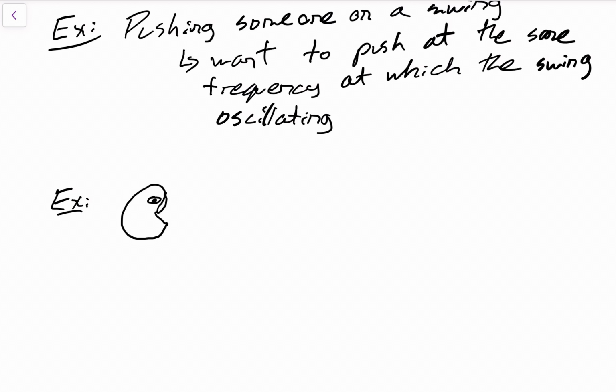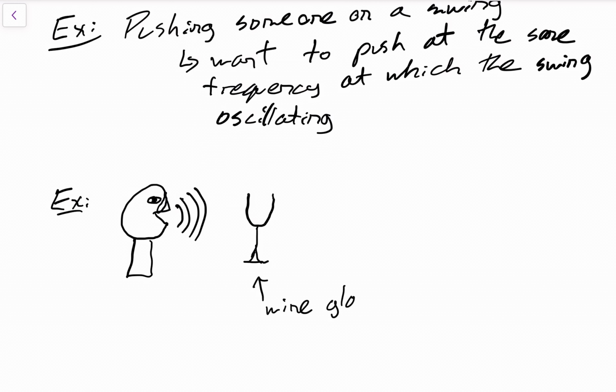We've got a person, and they are emitting some waves. And we've got a wine glass that they are trying to break with their voice. I better add labels so people know what these are. We'll just say wine glass, and human voice.